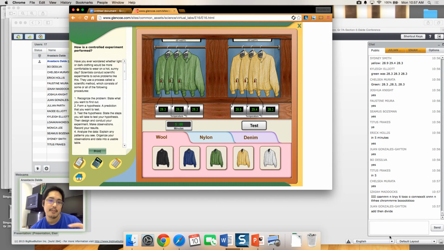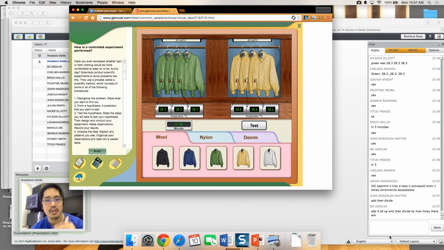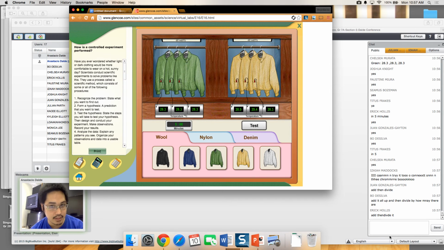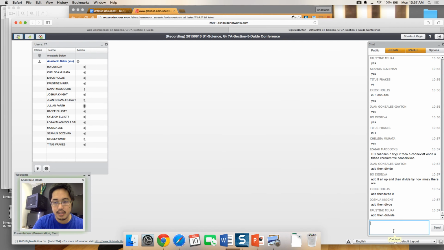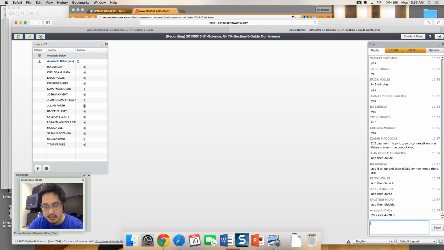So for the yellow jacket, those three numbers are different, right? So we would add 28.9 plus 29.4 plus 28.3, press enter on your calculator, and then divide by 3.